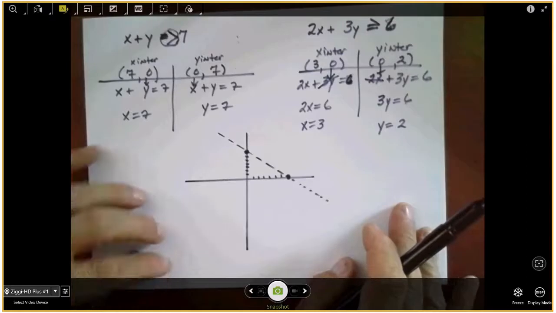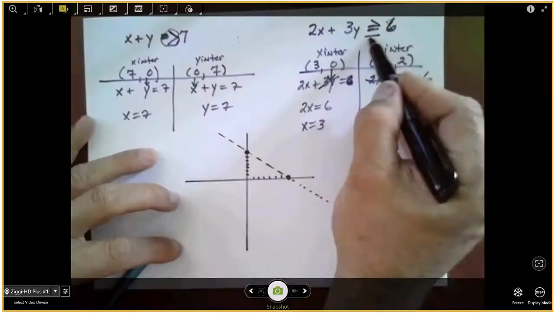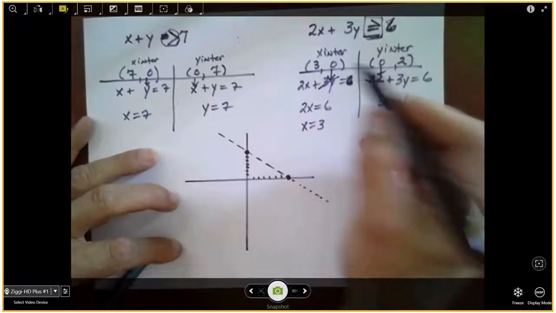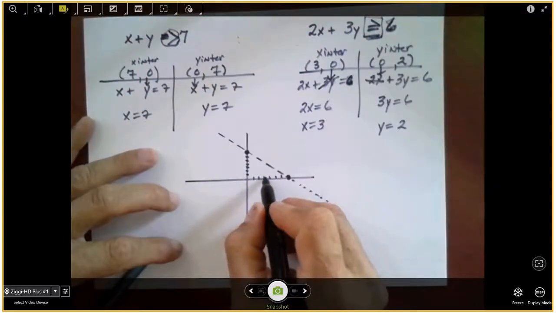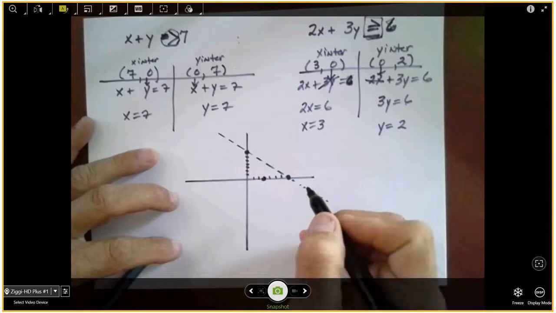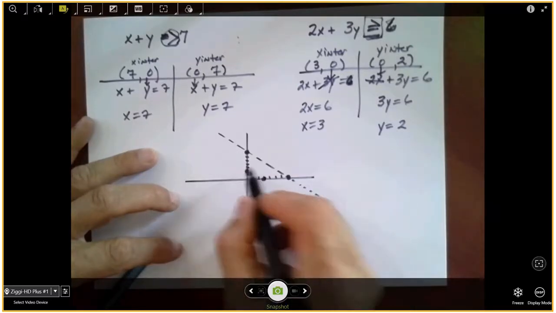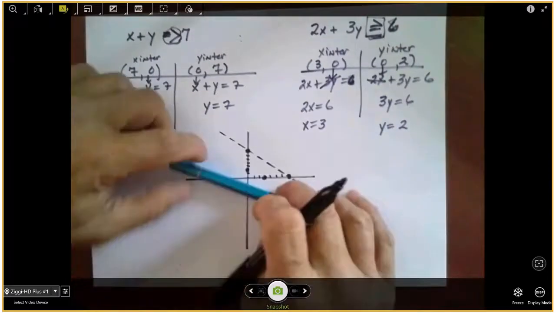And then this line is going to be a solid line because it's equal to. 3, 0, 1, 2, 3, and 0, 2, 1, 2. Now it's going to be a solid line.